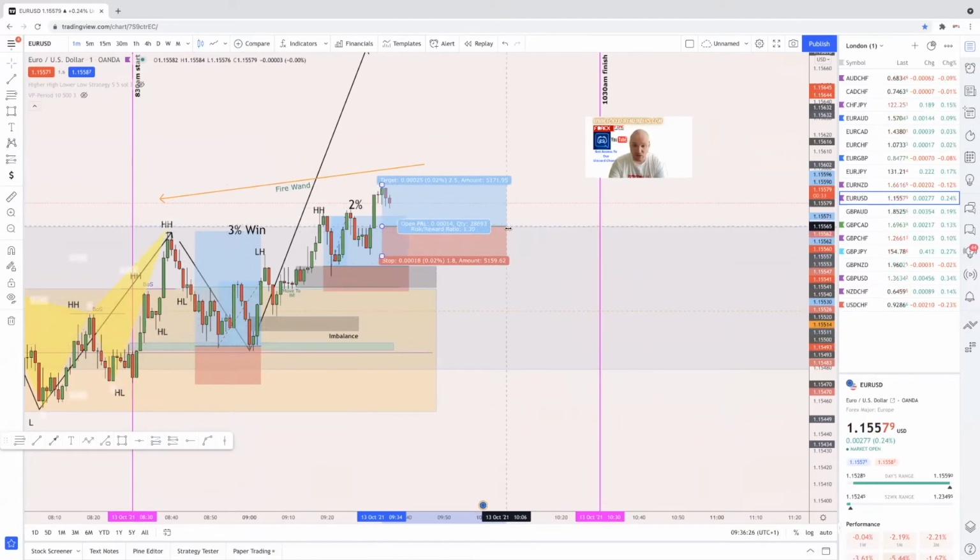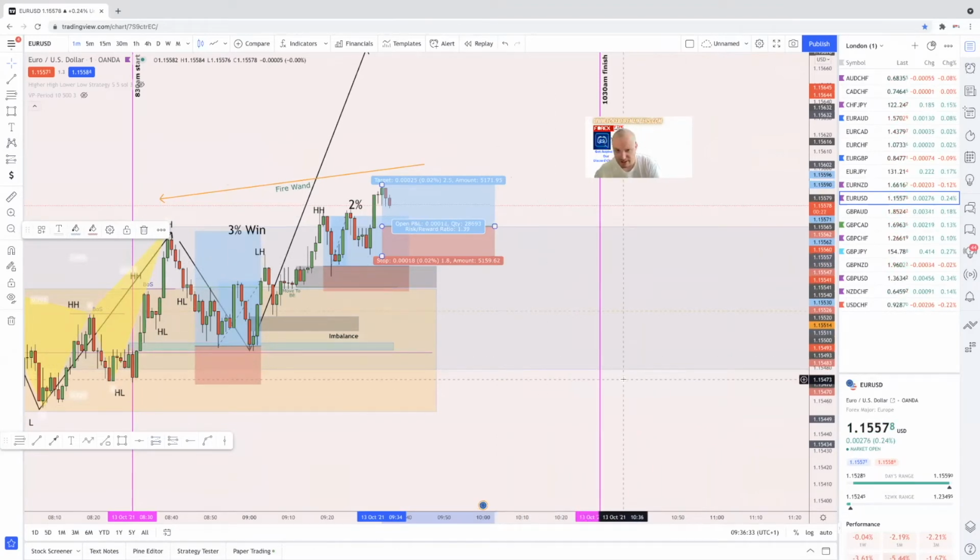So again, this is for educational purposes. We've got a 1 to 1.39. Again, in a little bit of pain in the day. So you're going to be risking 2.4. You're going to be risking a 2.39%, okay?